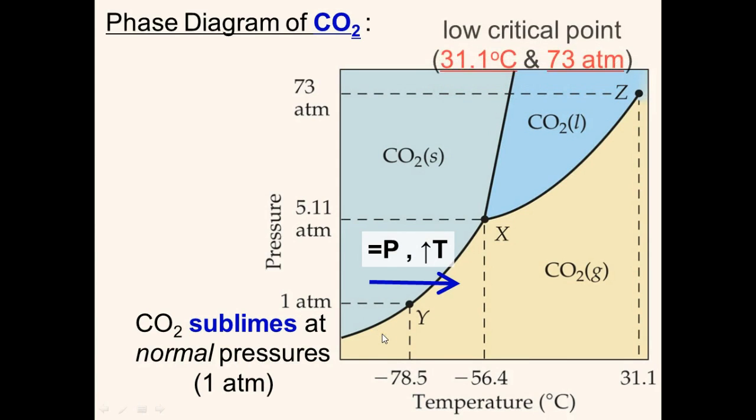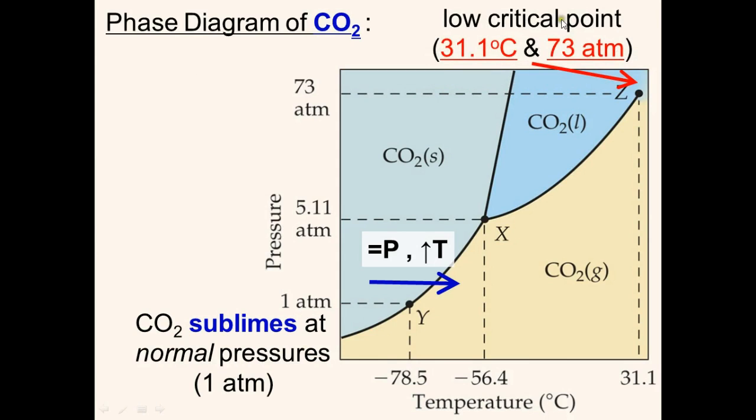And then it has a low critical point because, even though 73 atm, which is 73 times normal atmosphere, is high pressure, it's not that high for critical points. And then the temperature is only 31 degrees Celsius, which is pretty low.